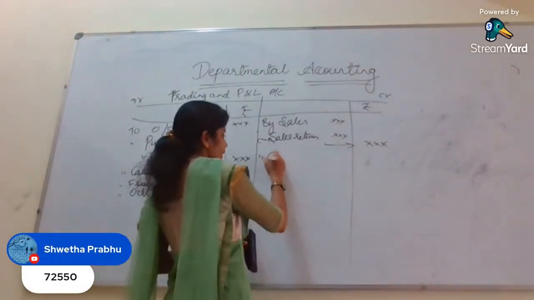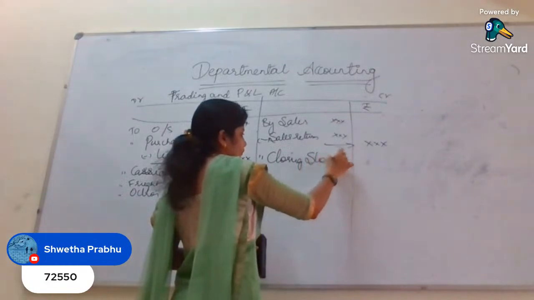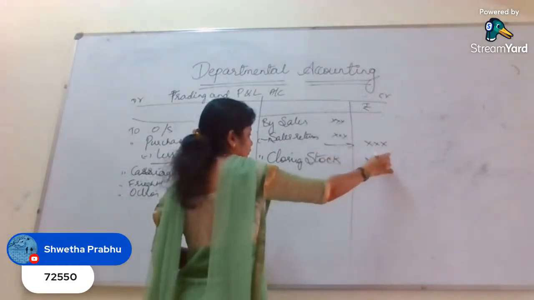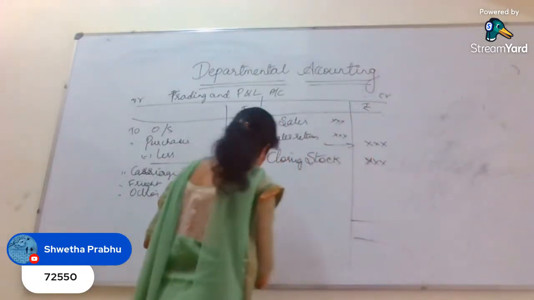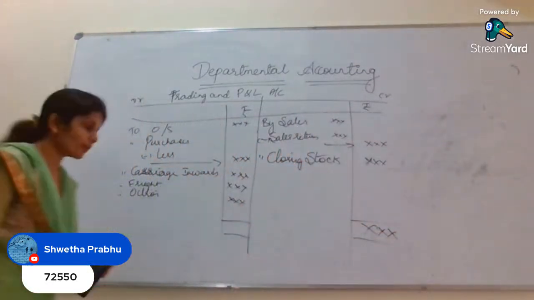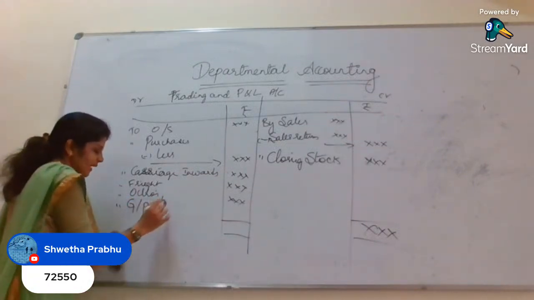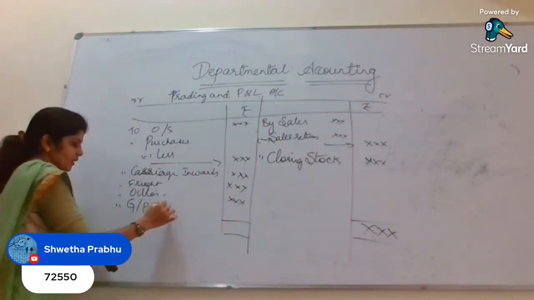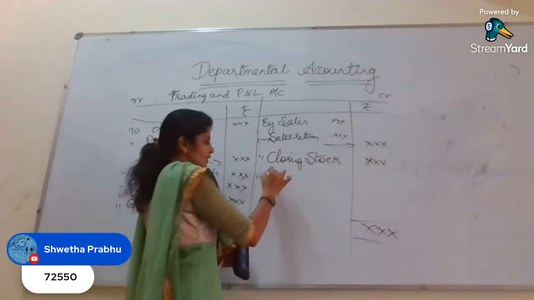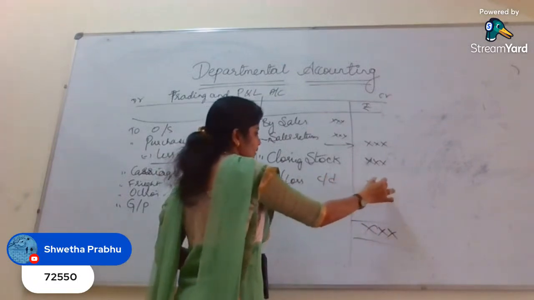Next, by closing stock. Then take the difference. If there is a profit, we take it as gross profit carried down. If there is a loss, this is gross loss carried down.